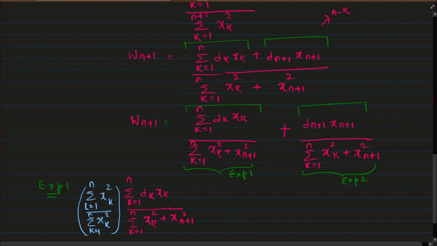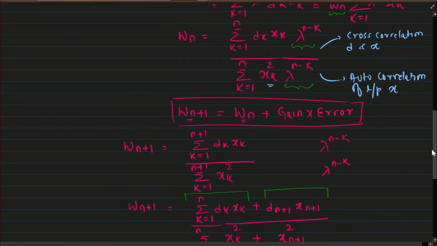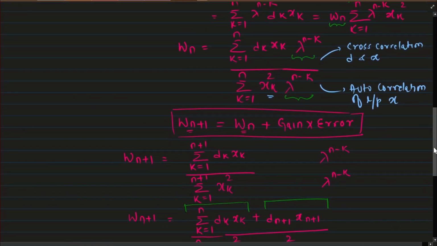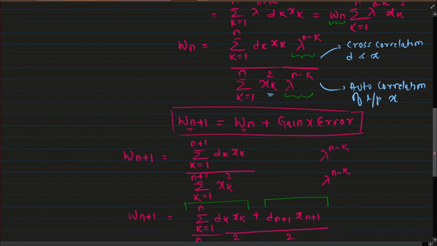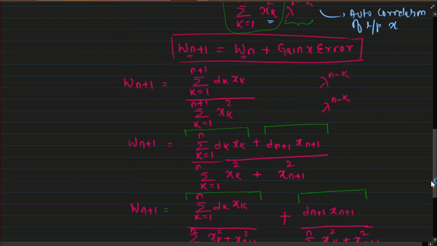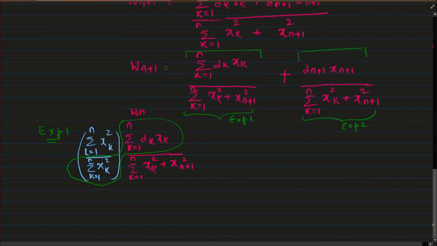So if you now see this portion, this is nothing but wn. Since we have dropped these two terms, wn is this particular expression, and this is exactly matching with what we have done here.